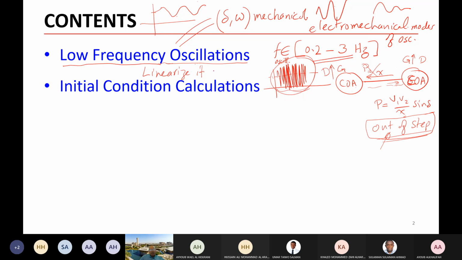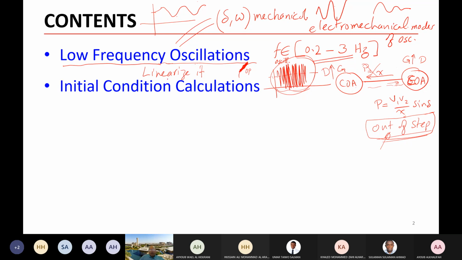If we linearize the model, then we need the initial condition in order to linearize it around the operating point. So this operating point will be specified by the initial condition: initial angle, initial voltage, initial current, initial power, all these quantities calculated.